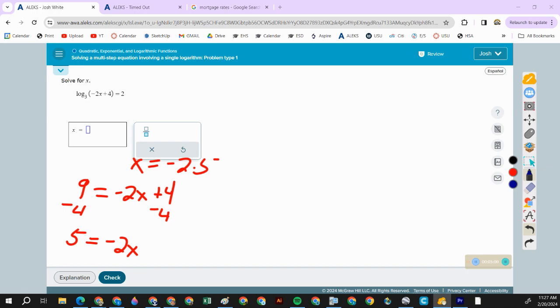You always need to make sure to plug this number into the original equation to see if you're taking the log of a negative number. So this cannot happen. There is no way to put an exponent on 3 and get a negative answer. So we stick negative 2.5 in there. Negative 2 times negative 2.5 is 5, plus 4 is 9. Can we take the log of 9? Yes, we can.